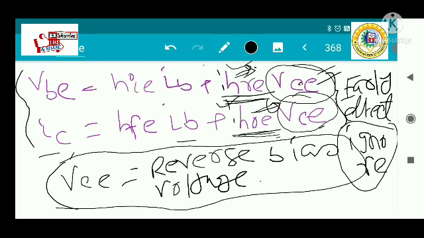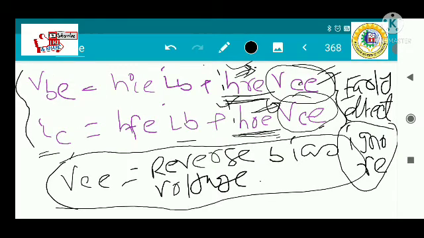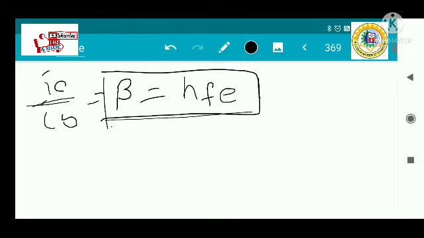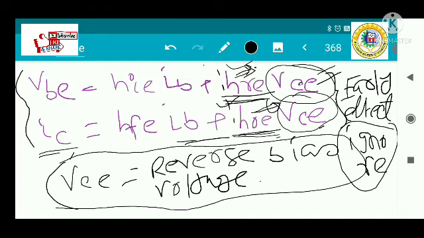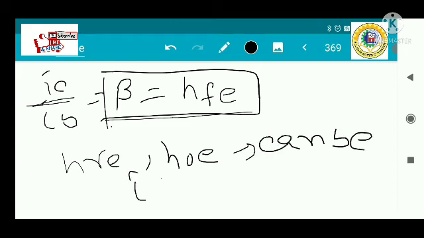So that's why this is important. I am again repeating this, and you can say that beta equals HFE. This is very obvious from this equation, and if you ignore the early effect, then HRE and HOE can be ignored.